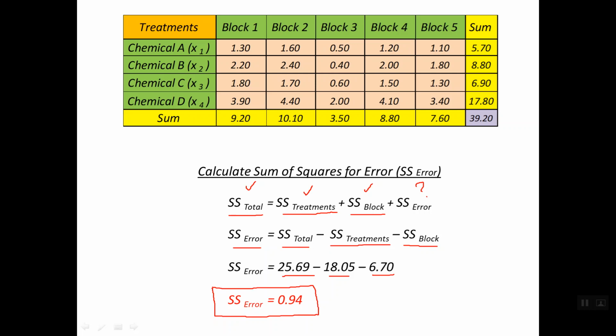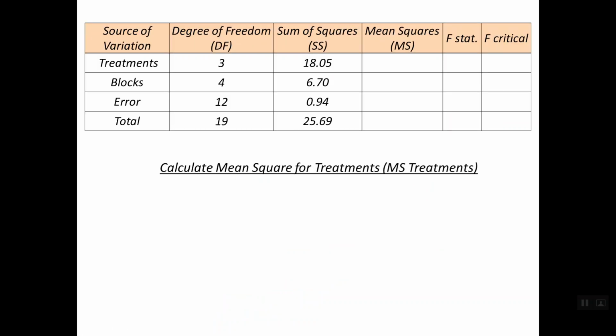So by this we have calculated all the values for the SS. We can simply now fill all of these values inside the ANOVA table. This is the SS for the treatments, this is for the blocks, this is for the error, and this is the total SS.